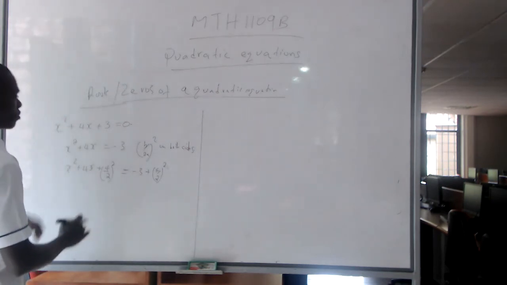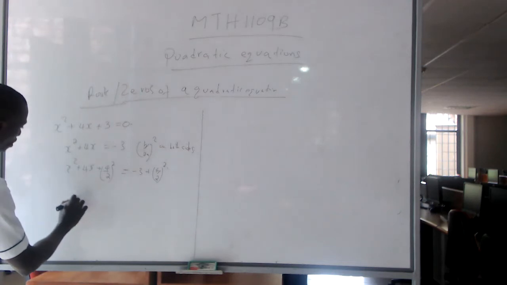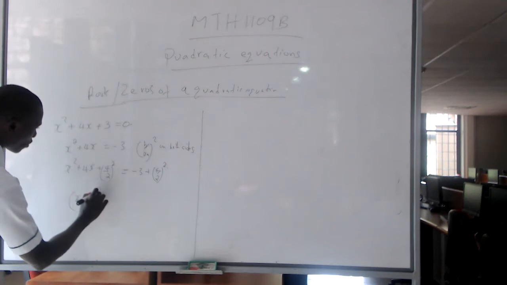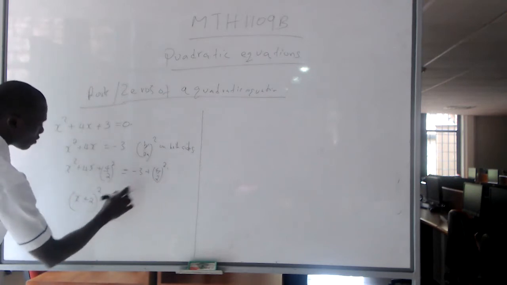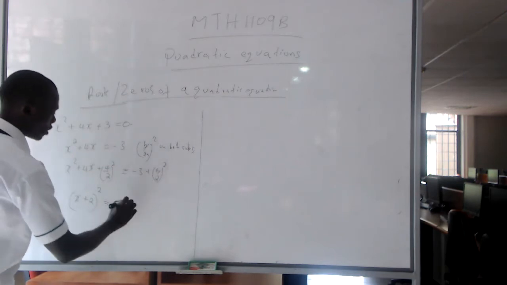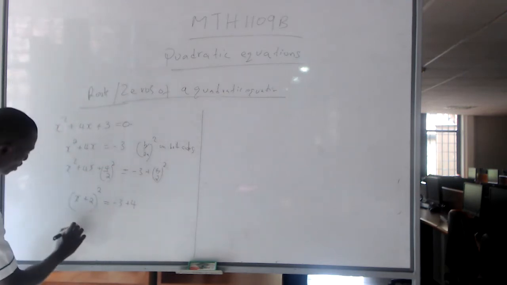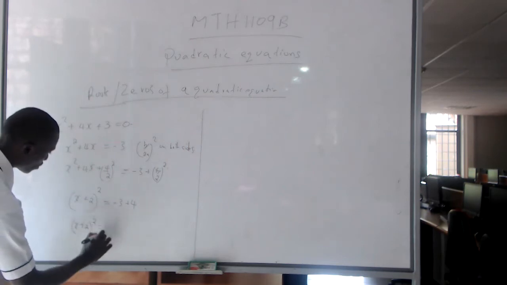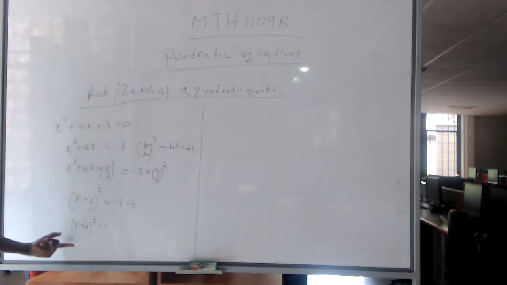But I know that the left side should be x plus 4 divided by 2, which is 2, so (x plus 2) squared should be equal to what we have up here: minus 3 plus (4 divided by 2) squared, which is 4. In other words, (x plus 2) squared is equal to 1, which is very easy to solve.